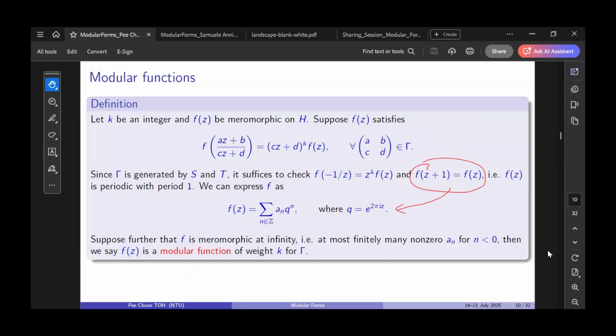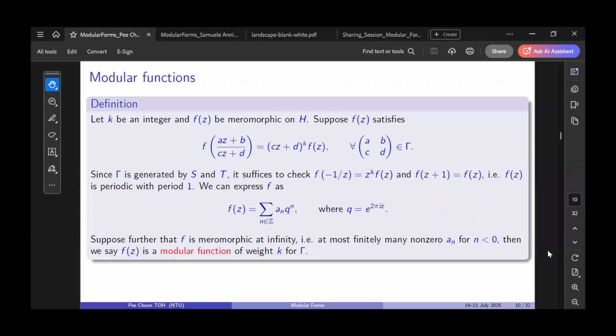Because for f(z plus 1), we just add the plus 1 here, but 1 times 2 pi i will always cancel out, so we will always satisfy this one. Now we only have to satisfy this one.